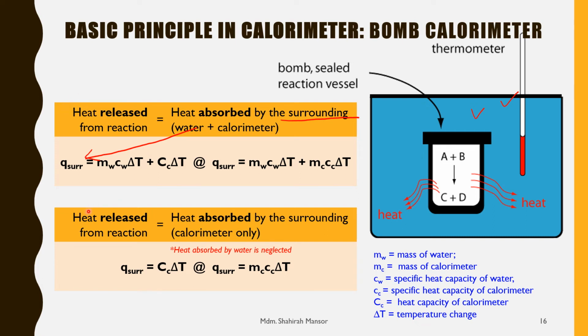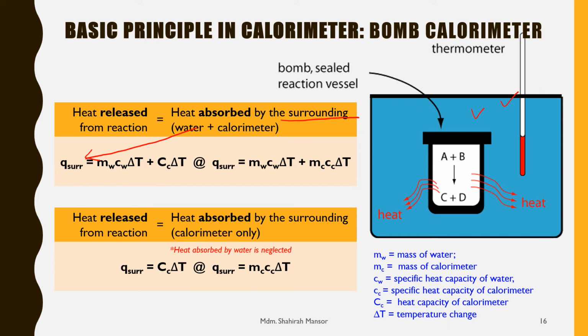Option yang kedua, sekiranya heat release from the reaction is absorbed by calorimeter sahaja. So di sini kita assume bahawa hanya calorimeter bertindak sebagai surrounding, meanwhile heat absorbed by water is neglected. Kita abaikan heat absorbed by water. Our surrounding adalah calorimeter sahaja.